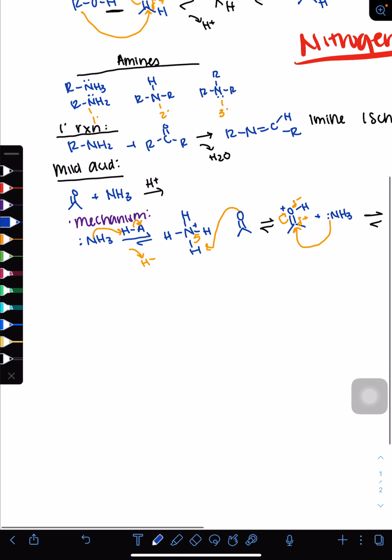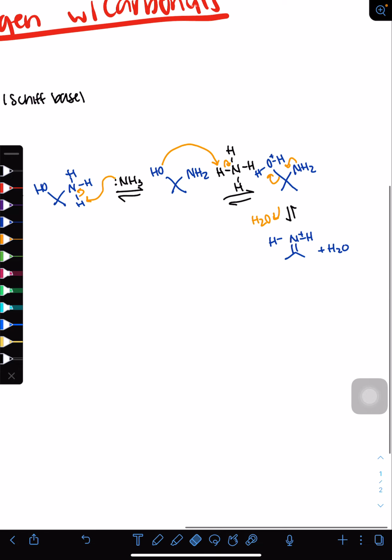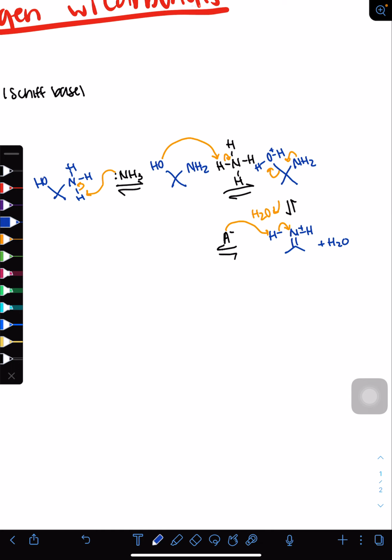And then remember, this acid here is coming back. Then we have this acid here, which will attract to this hydrogen and give back that to the nitrogen, which will ultimately give us the product of this.